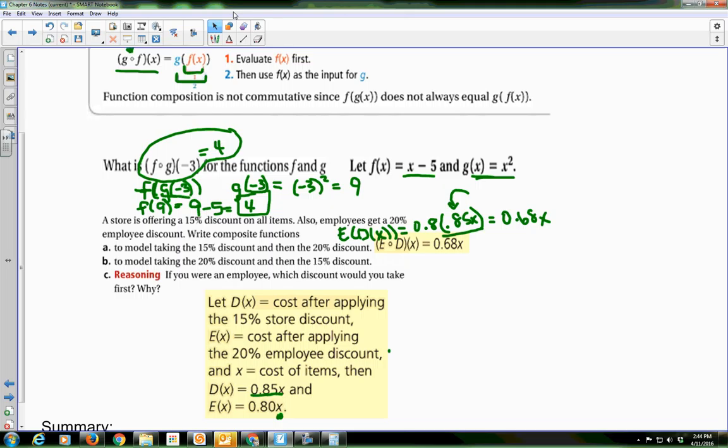Now I'm going to reverse that, and take the 20% discount first and then the 15%. So I'm going to have d of e of x. I take my d function, 0.85x, and where I have x, I put parentheses. Inside those parentheses, I put my e function, which is 0.80x.